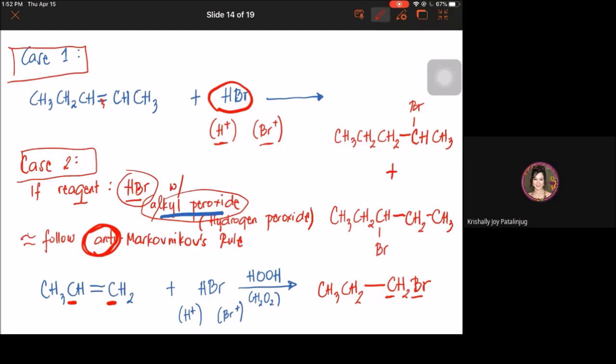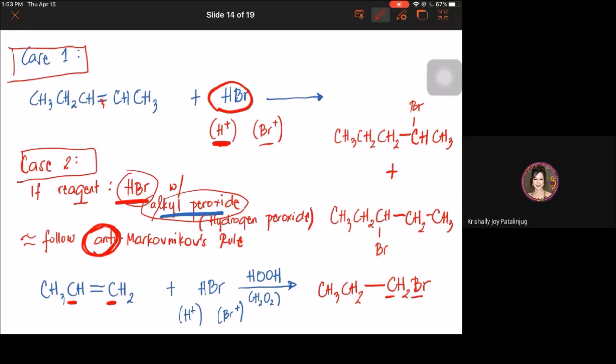Okay, the H plus. Pero, if applying case number 2, if it is hydrohalogenation using hydrogen bromide in the presence of alkyl peroxide, anti-Markovnikov's rule dayon ta.